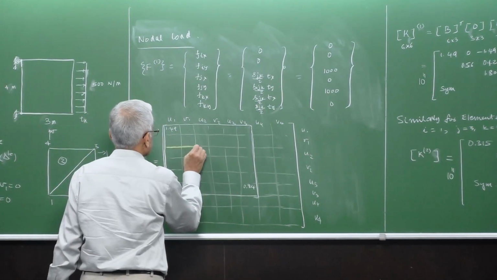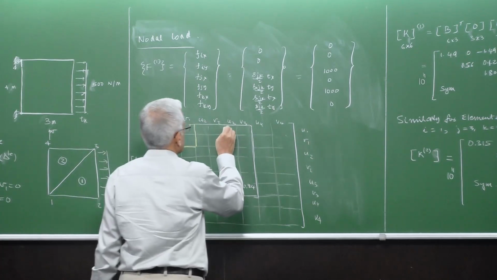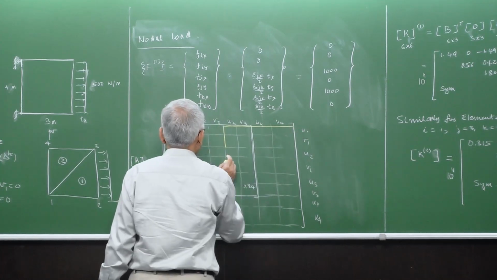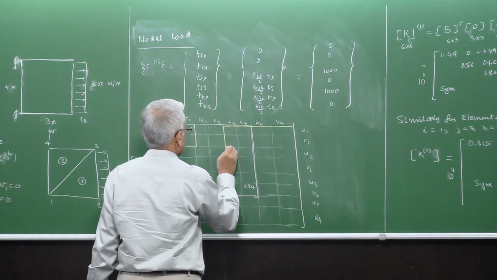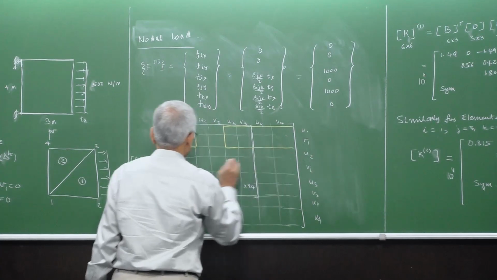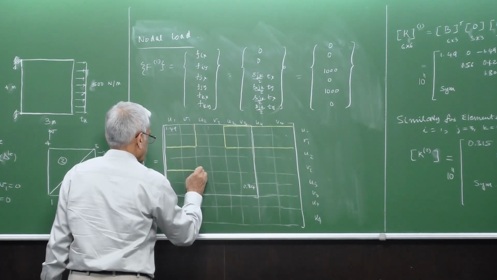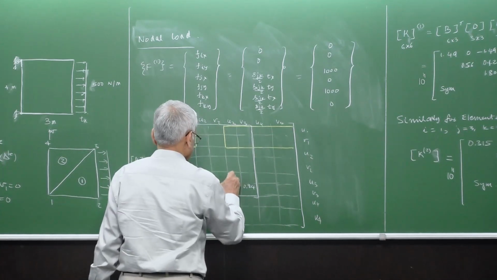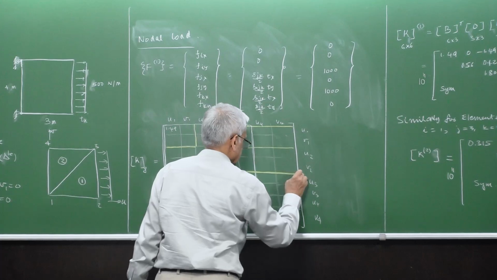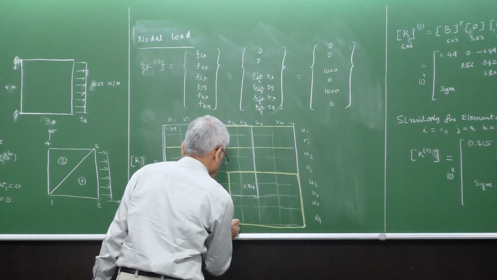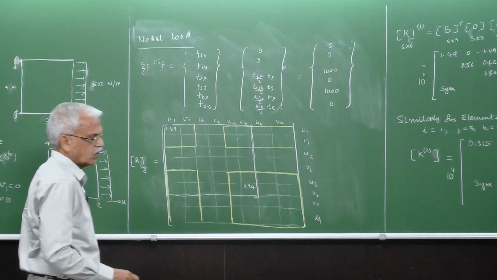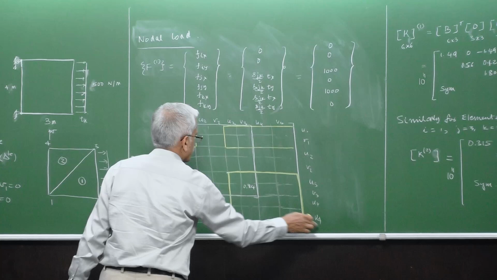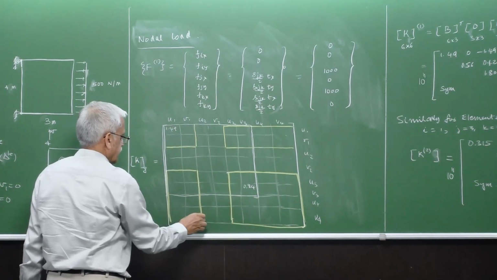So I'll just mark it here. So these things correspond to U1 V1, U3 V3, U4 V4. So that's what I marked in yellow.